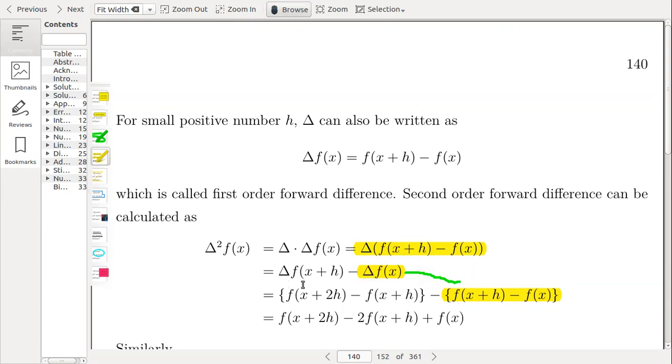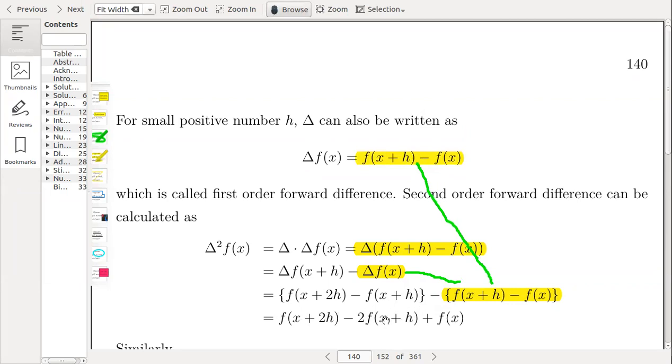Delta f of x is equal to f of x plus h minus f of x, and if we want to calculate delta f of x plus h, then it is f of x plus 2h minus f of x plus h.